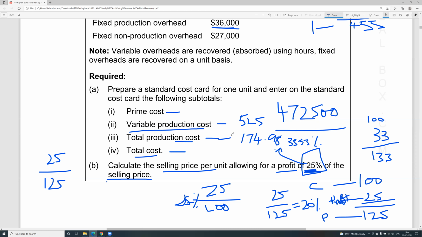Suppose this is my profit. Then my sales price is 525 plus 174.98, which is 699.98, or I can just say 700. Now on this 700, 700 into 25% is 175, or 174.98, almost 175.